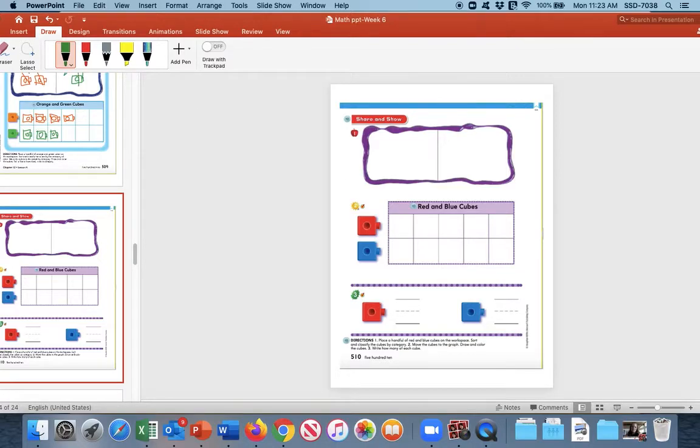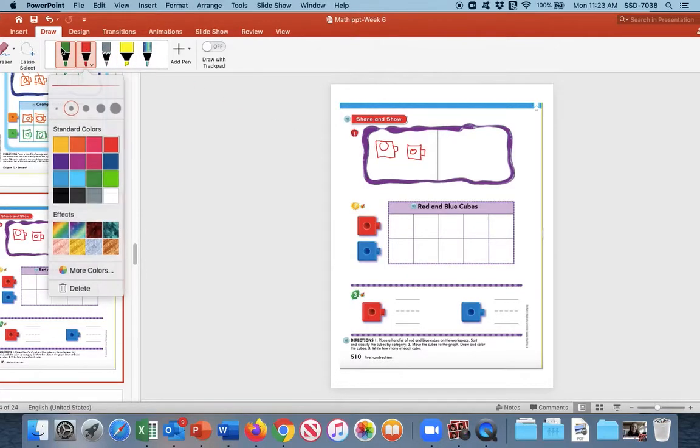We're going to start with red and get your red crayon, and let's go ahead and just do 2. Let's do 2 red cubes on this side. Okay, and then let's pick up our blue crayon.